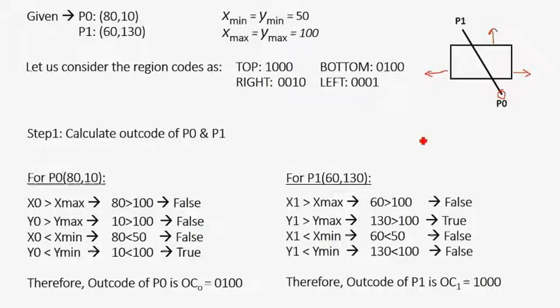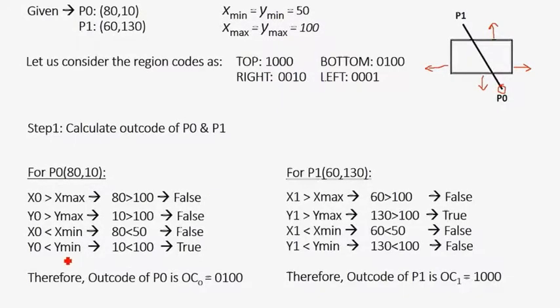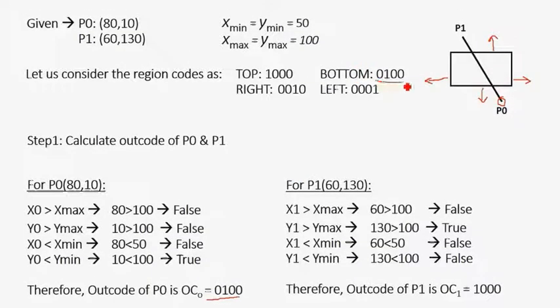Then I'll see if it is in the bottom region by checking if y naught is less than y min. It is true, so it is in the bottom region. Since it is in the bottom region, I assign P naught the outcode of the bottom region, 0, 1, 0, 0.